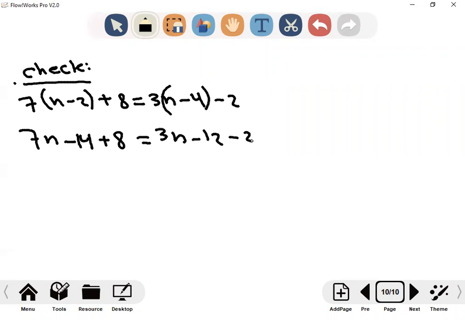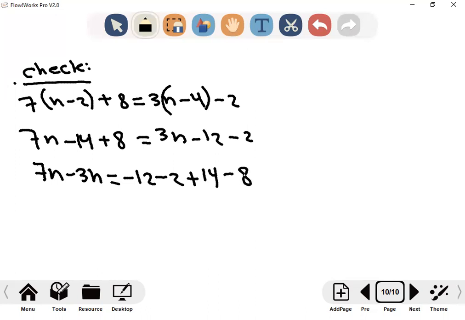So here's 7n. Bring me equal. Negative 4, keep it. Negative 2, keep it. Plus 14, plus 14, minus 8.